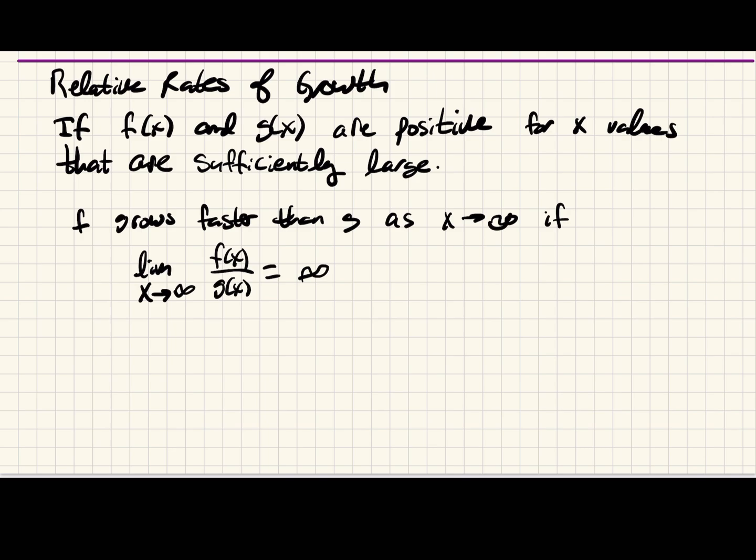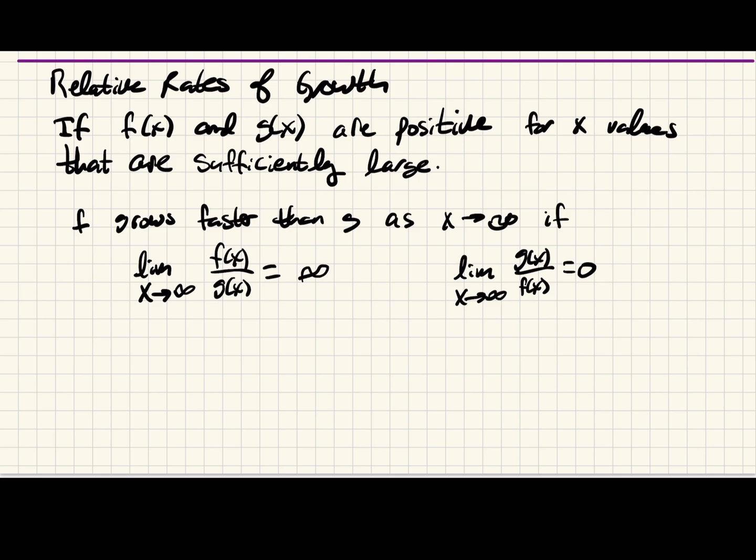Now that is the same as saying that the limit as x goes to infinity of g of x over f of x is equal to 0. If they're both positive, those two statements are really equivalent. Okay, so f grows faster than g, or you could also say that g grows slower than f. It's the same concept.